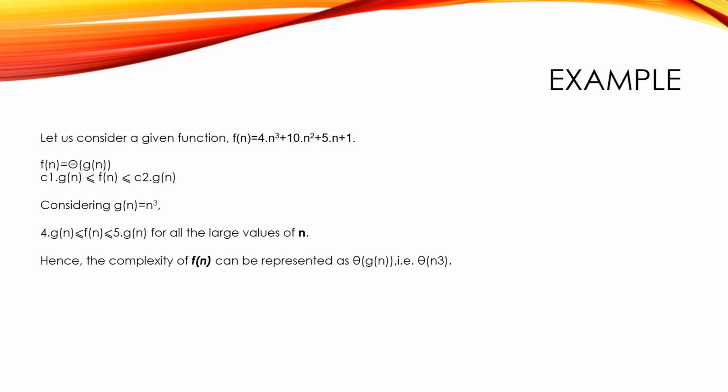The values of C1 and C2 are selected by validating the equation, and the value of Gn is considered as n cube because n cube is dominating above n cube, n square and n. So 4.Gn is less than equal to Fn less than equal to 5.Gn for all the values of n. Hence, the complexity of Fn can be represented as theta of Gn or theta of n cube.